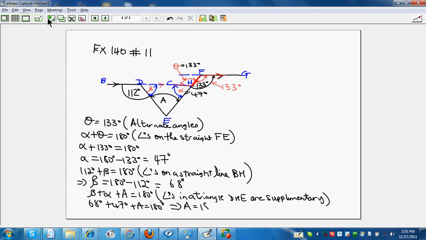So A will be equal to 180 degrees minus 68 degrees minus 47 degrees. Right? And we'll solve for angle A, which works out to be 65 degrees. And that'd be the answer that they're looking for.